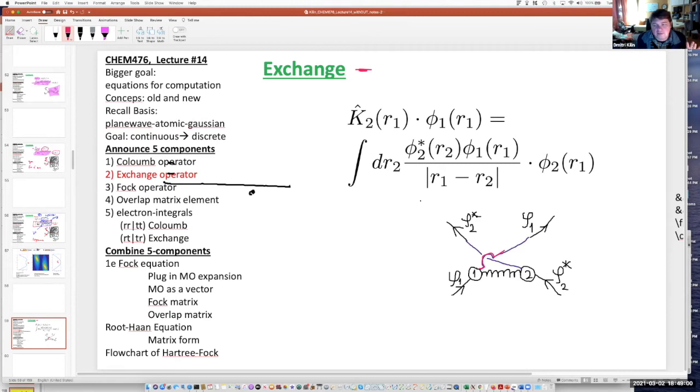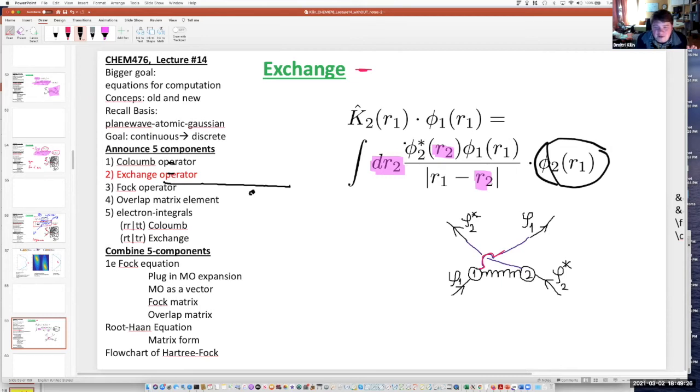So I still want to practice integration over the second electron. And I still want to act on the electron number 1, which is now in the second state.